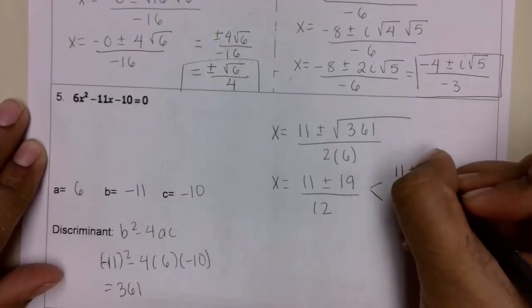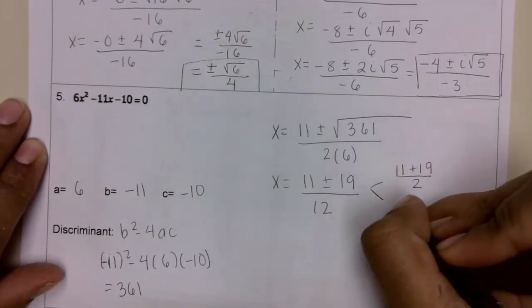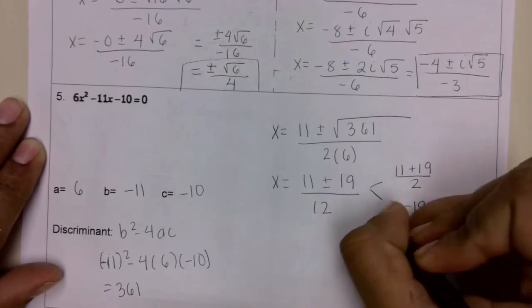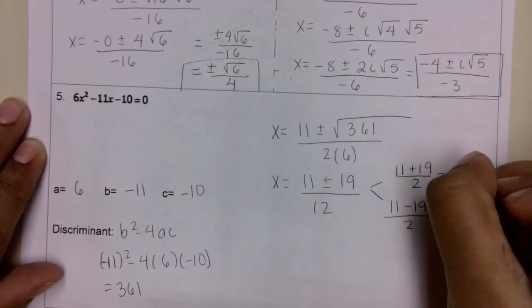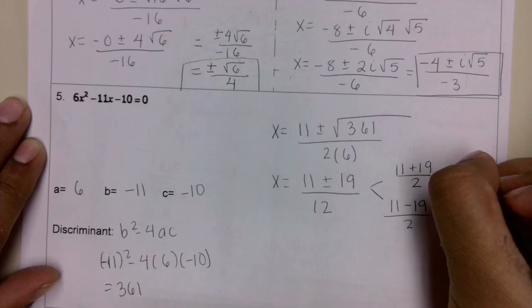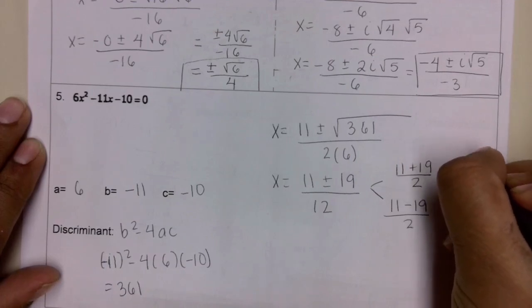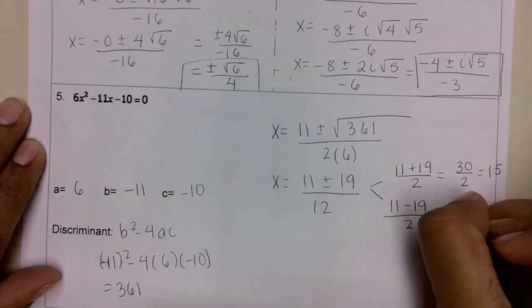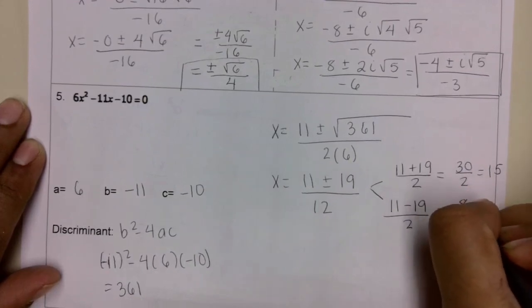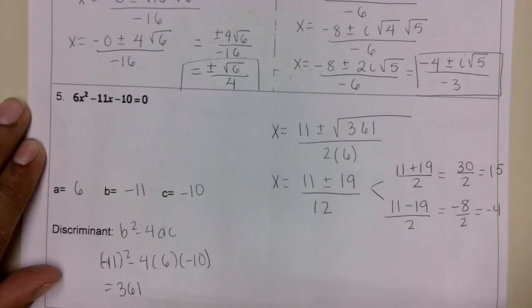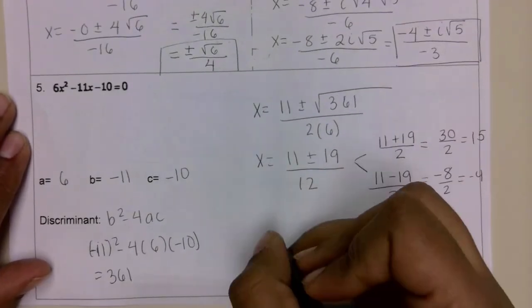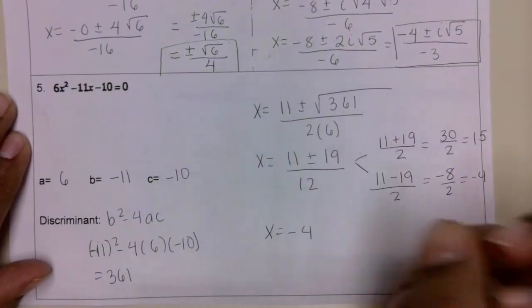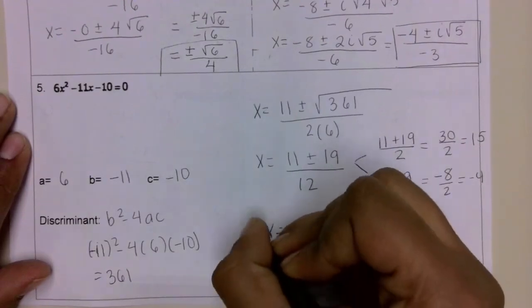So 11 plus 19 divided by 12, 11 minus 19 divided by 12. 11 plus 19 is going to be 30 divided by 12, which is equal to 5 over 2. And then 11 minus 19 is negative 8 divided by 12, which is negative 2 over 3. So x equals negative 2/3, comma 5/2.